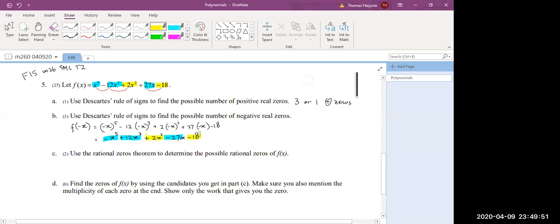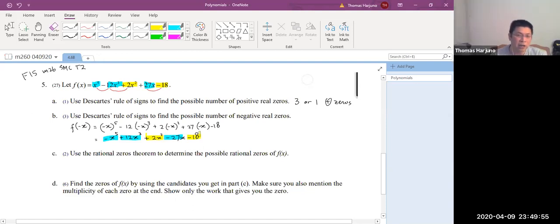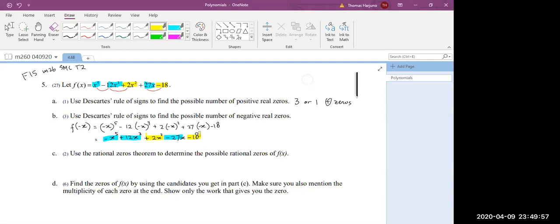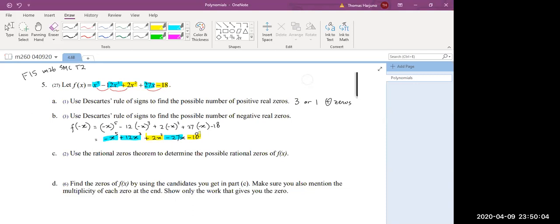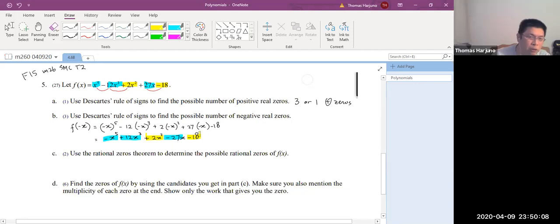Can you repeat the phenomenon? If you replace x by negative x, then only the odd exponents will change the sign. Think about it. If the exponent is even and you replace x by negative x, the negative to the even power stays the same sign, right?